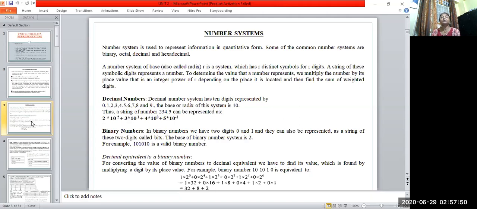It is 5 into 10 to the power minus 1. What about the actual value of 234? The 4 is 10 to the power 0, 3 is 10 to the power 1, and 2 is 10 to the power 2. 2 into 10 to the power 2 is equal to 200. 3 into 10 to the power 1 is equal to 30. 4 into 10 to the power 0 is equal to 4.